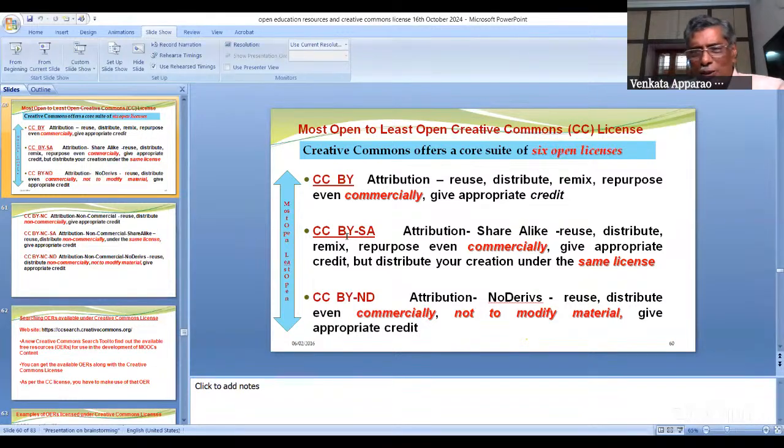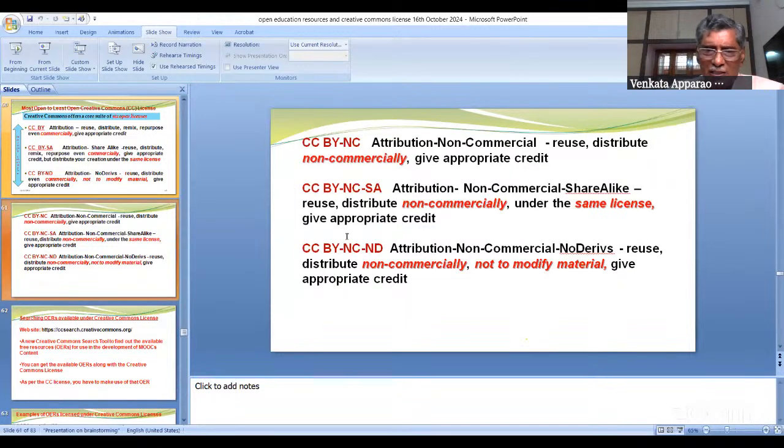So under every article or art piece or image or photo licensed under Creative Commons licensing, these will be mentioned: CC BY or CC BY SA, CC BY ND, CC BY NC, CC BY NC SA, CC BY NC ND. These will be mentioned beneath or beside that article.